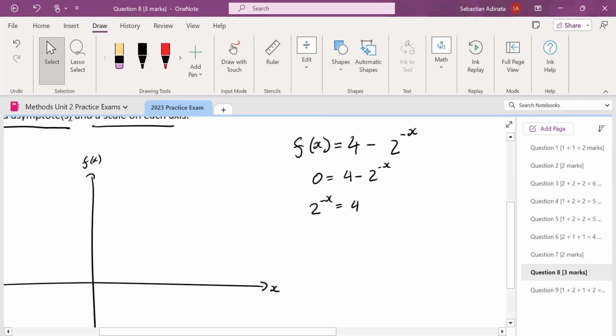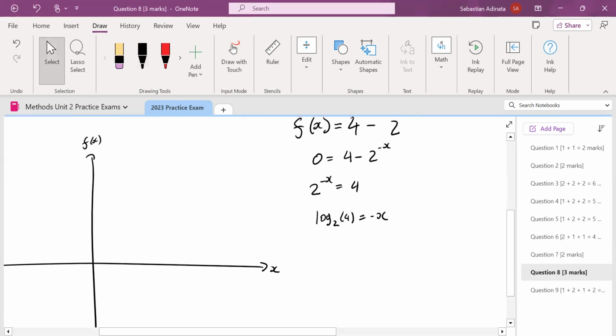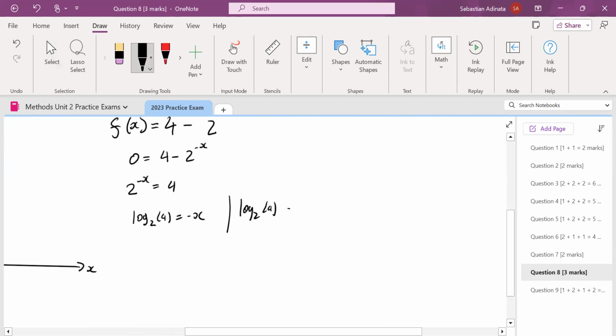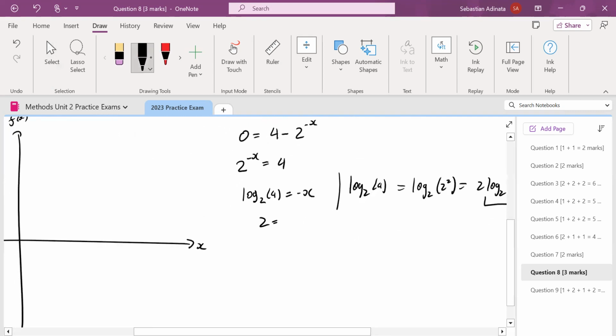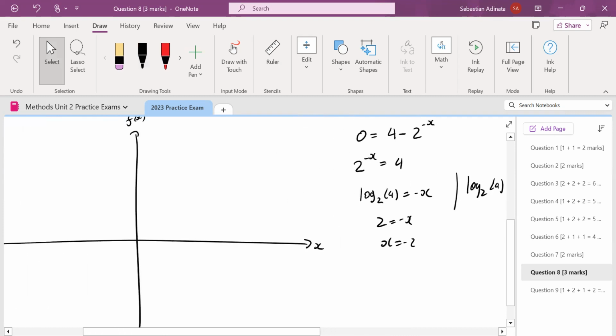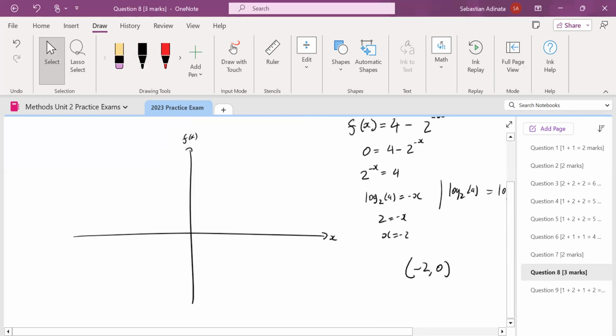So we have log base 2 of 4 equals minus x, and log base 2 of 4 is equal to log base 2 of 2 squared, which is equal to 2 log base 2 of 2, a lot of 2's I know, which is equal to 2 because log base 2 of 2 equals 1. So 2 equals minus x, meaning x is equal to negative 2. So we have a coordinate negative 2 and 0. Let's start with that.